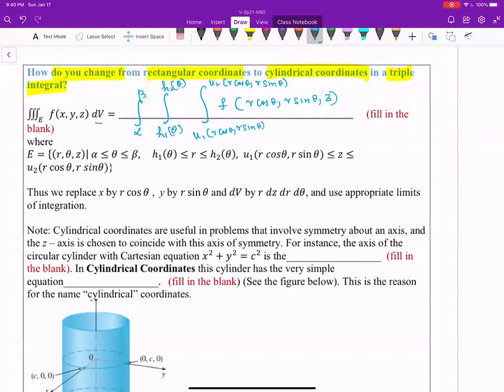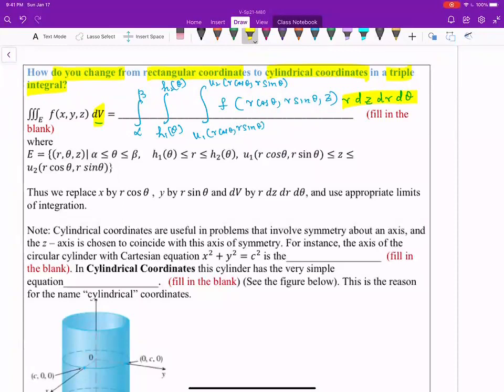Then this dV would become r dz dr d theta. So dV changes to r dz dr d theta in cylindrical coordinates. Here, what is the solid region E?